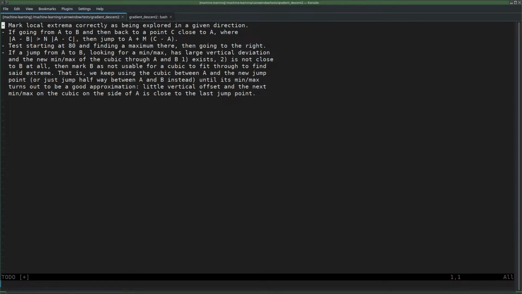Mark local extrema correctly as being explored in a given direction. I'm not sure I feel up to that until I'm sure that the algorithm is in place.